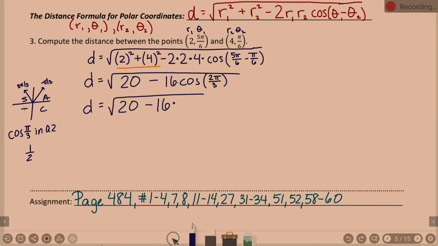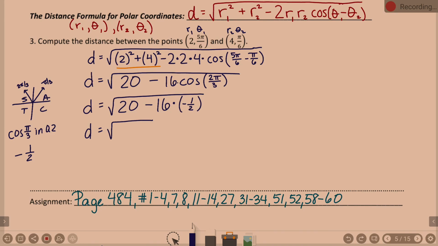Sine is positive, that means cosine is negative. So now, where are you at? It would be 20 and then 16. Negative 16 times negative 1/2 would just make it plus 8.